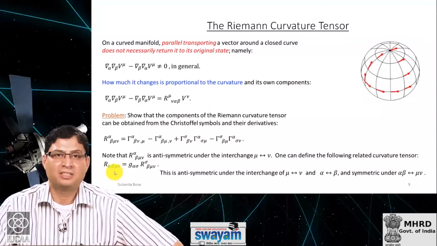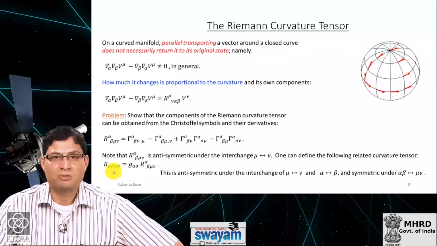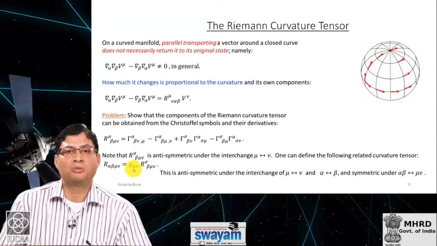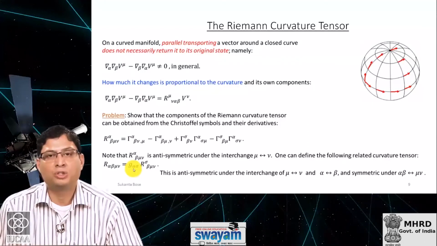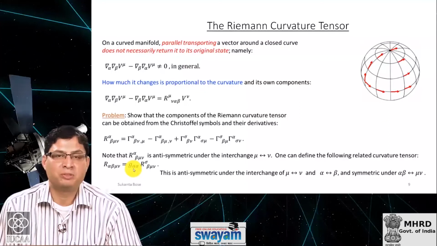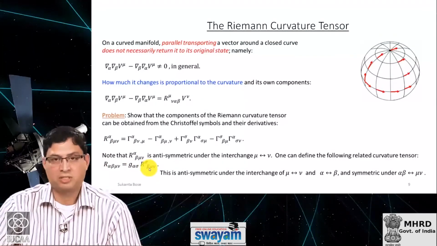But the fact is that this is also symmetric under swapping of alpha beta with mu nu. So if you carry through all of those symmetry properties, you can show to yourself that R alpha beta mu nu has only 20 independent components, and that's much more manageable. So that is the case for a general 4-dimensional space-time.